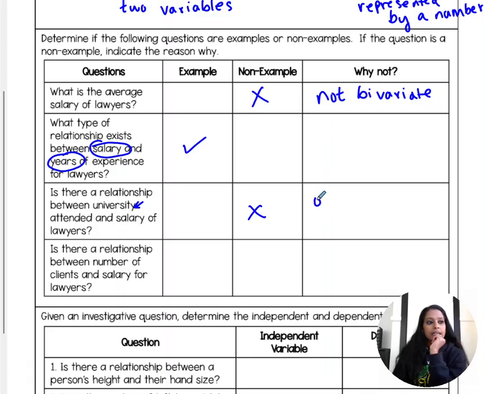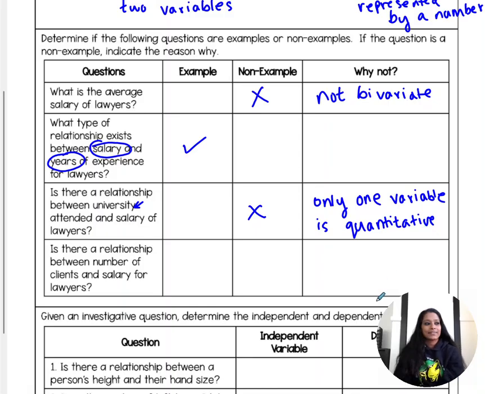So we can say that only one variable, the salary, is quantitative. But for our situation, they both have to be quantitative, okay? It's a fun word, quantitative.